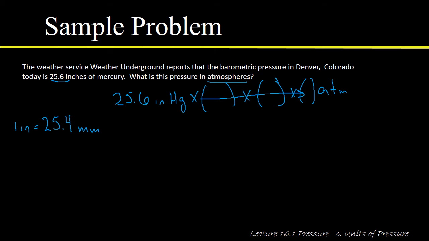We also know if we can get these units into millimeters of mercury, there are 760 millimeters of mercury in 1 atmosphere. So this will allow us to convert from inches of mercury to millimeters of mercury, and millimeters of mercury to atmospheres. Looks like that's really all we need, just those two relationships.